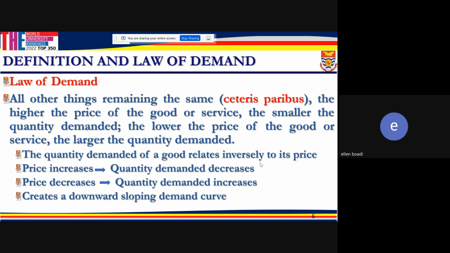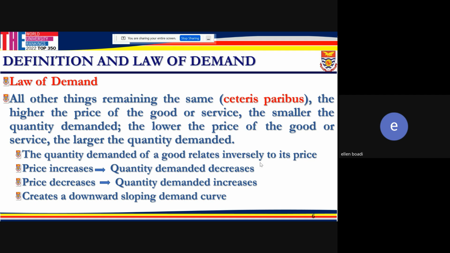We also mentioned last week that another way of putting this is that they have an inverse relationship. So inverse relationship or negative relationship. There's a negative relationship between price and quantity. There's an inverse relationship between price and quantity of a commodity.